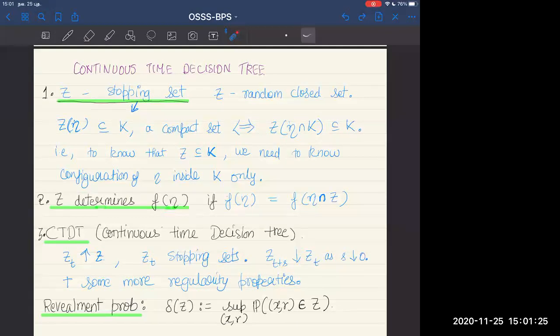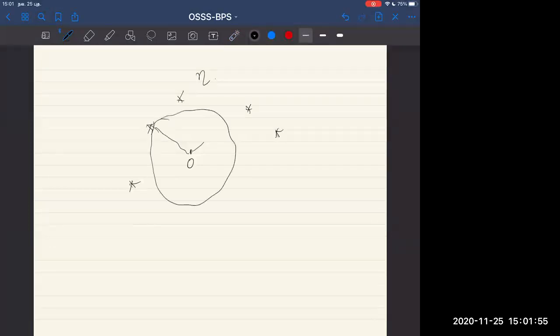So maybe let me give a simple example of a stopping set, and this is not a bad idea to do. Let's say the origin is my point, and this is my point configuration eta. I will say my stopping set is the ball. Starting from the origin, I grow my ball of radius some r. My stopping set is such that there is no point in its interior.